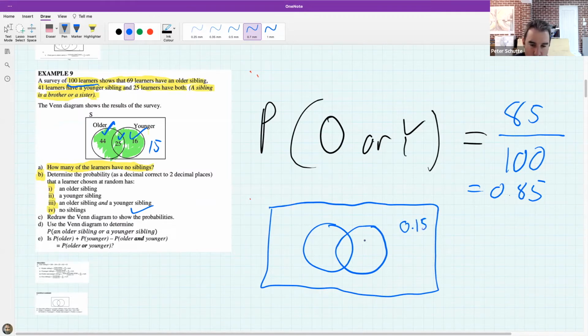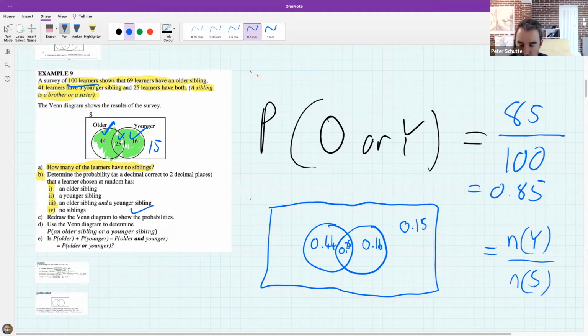Over here, it would be 0.16. Here, it would be 0.25. Here, it would be 0.44. And all I did to get the probabilities was I took the number of items in the set, so the n of whatever thing I was looking for, over the n of S, where S was the sample space.